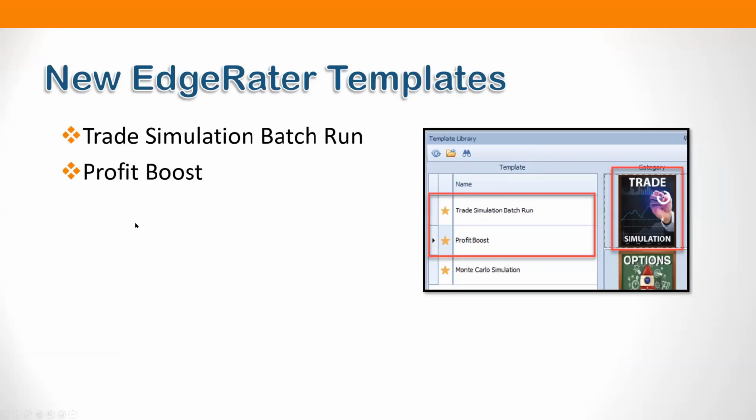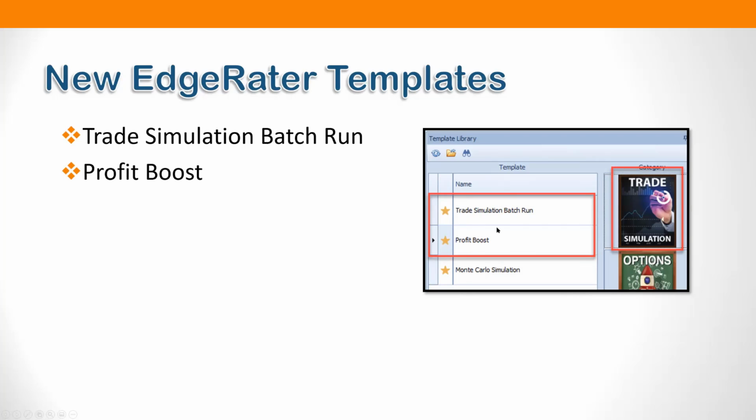Okay, and so the new templates in the system, I mentioned there were 3 templates. One we talked about before, which is the Monte Carlo simulation. We talked about that in May, when it was released. But the 2 new templates that I've been working on over the summer are the trade simulation batch run template and the profit boost template.